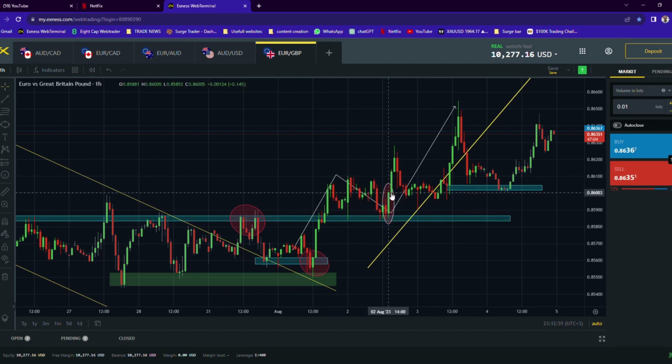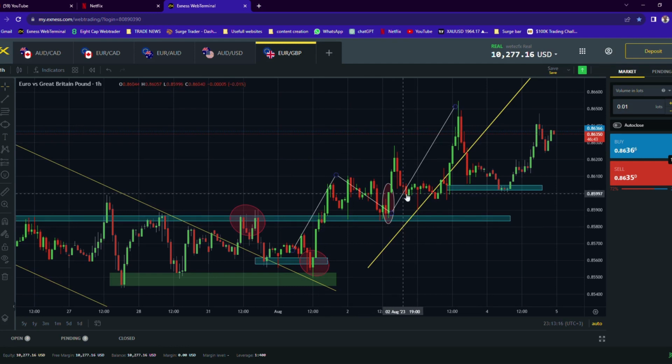That candle was the entry for the buy position, and you could target 20, 30, 40, 50 pips, because Euro GBP sometimes has smaller moves compared to other currencies. So for it, you can always target fewer pips, 20, 30, 40.